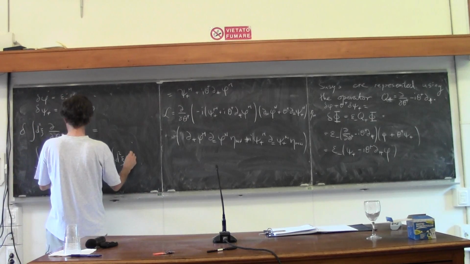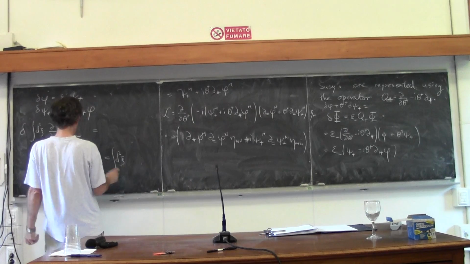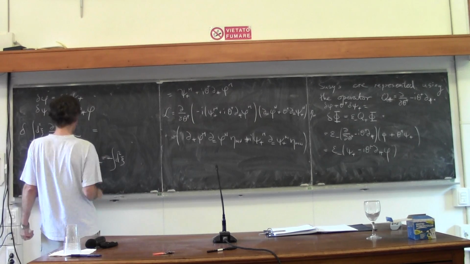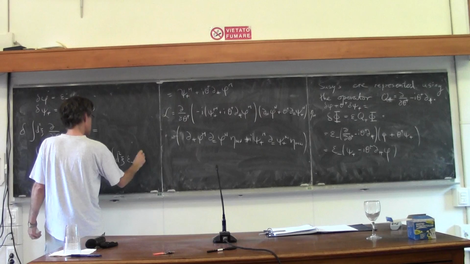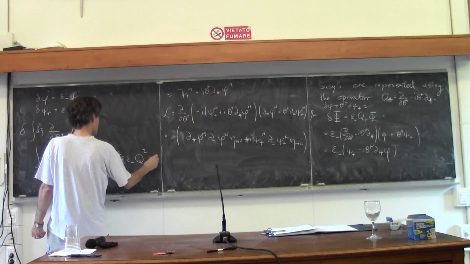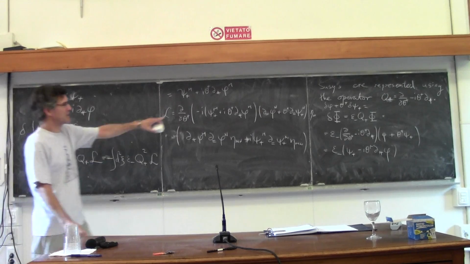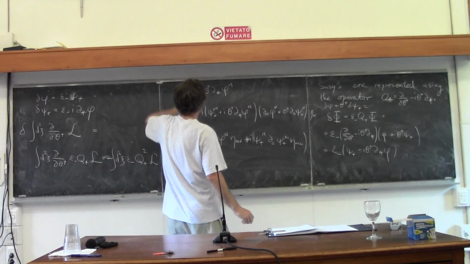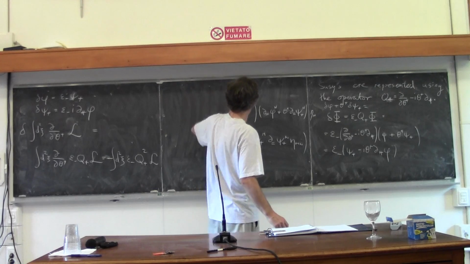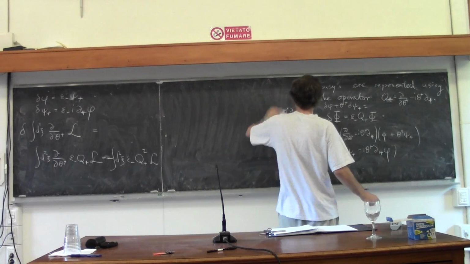So up to a total space-time derivative, this can be written as there's the minus sign, epsilon minus Q plus squared on L. And Q plus squared, if you compute it, is also a space-time derivative.